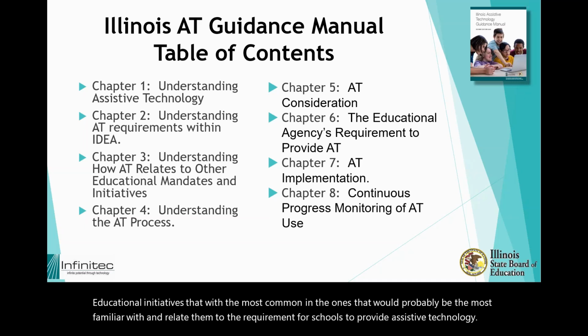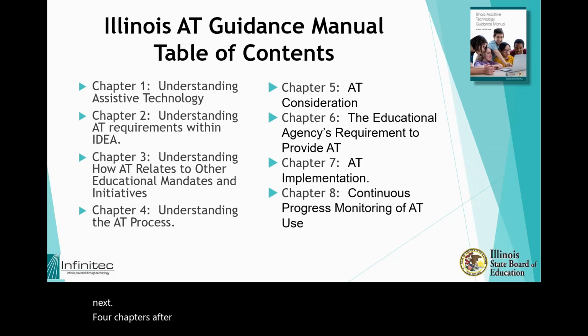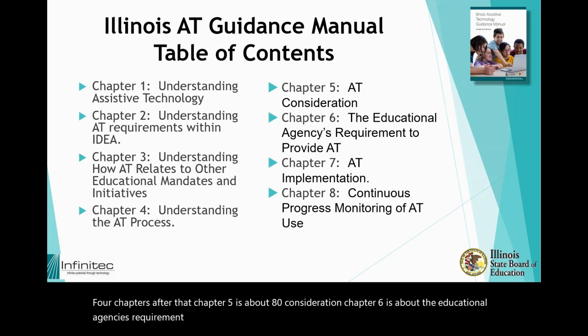Chapter 4 gets us to understanding the assistive technology process. It's an overview of the next 4 chapters after that. So Chapter 5 is about AT consideration. Chapter 6 is about the educational agency's requirement to provide AT.